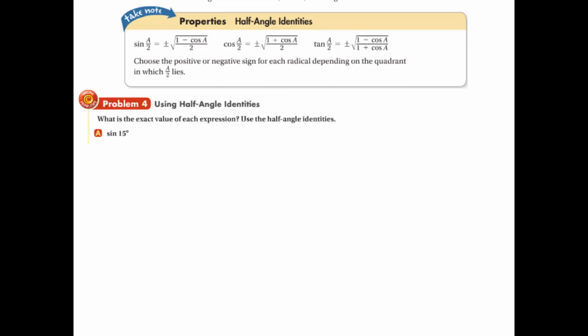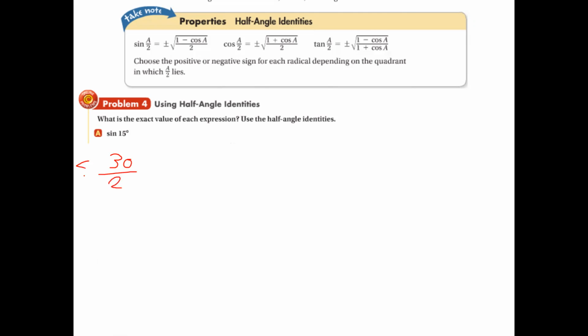Now, let's start with problem 4. What is the exact value of each expression? Use half angle identities. I want now to find sine of 15. The first step, this 15, we have to write it as 30 over 2.